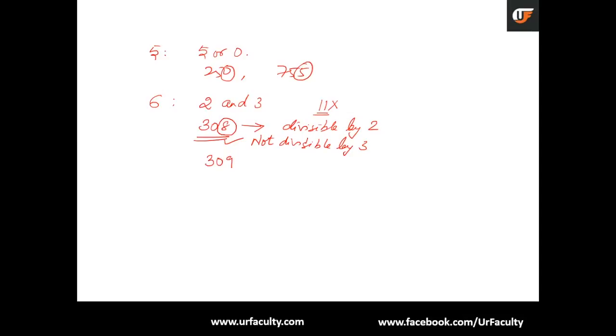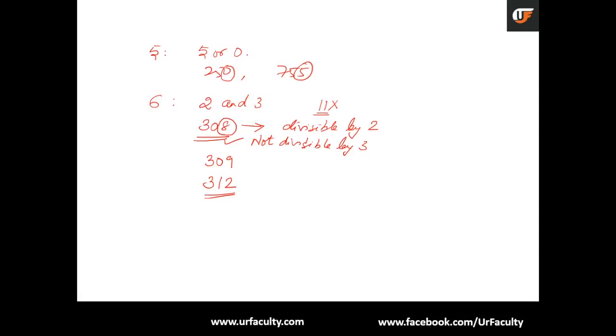Now when we make it 309, it is not divisible by 2. So what do we need to do? Now we need to add 3 more to this to make it divisible by 6. 312. So here we know that if we add 4 to this, the given number is divisible by 6.